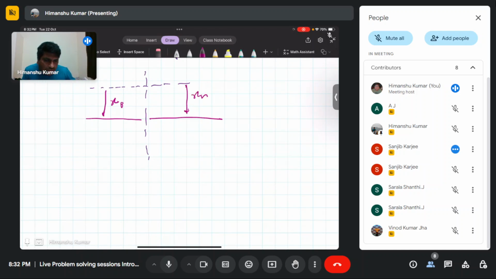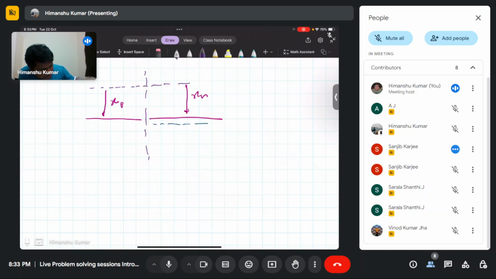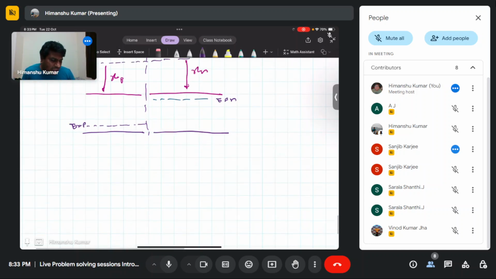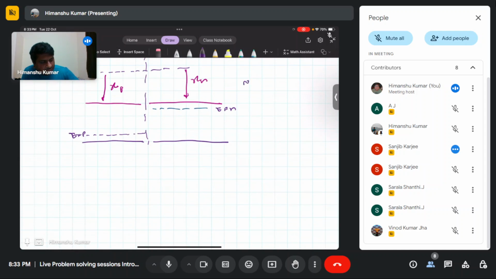The only difference was that on the n side the Fermi level is closer to the conduction band, and on the p side the Fermi level is closer to the valence band. So if you draw the valence band like this, this is the Ef of the p side, and this is the Ef of the n side. Now, to draw the equilibrium band diagram, note that this is the non-contact band diagram.